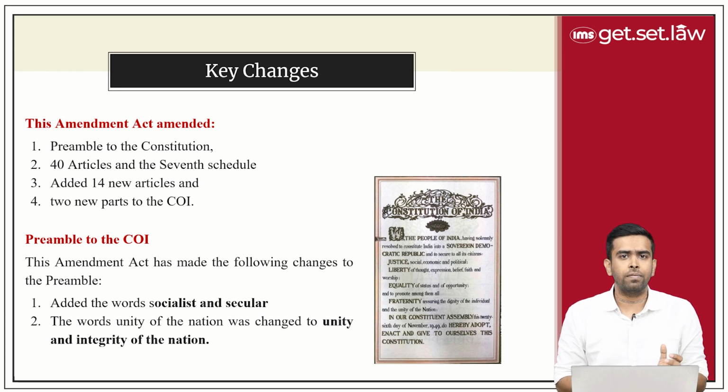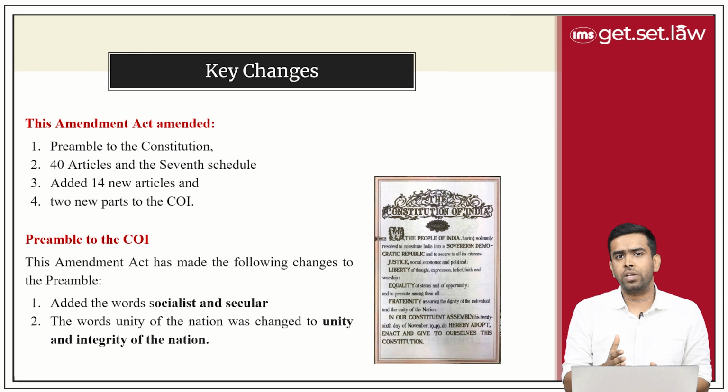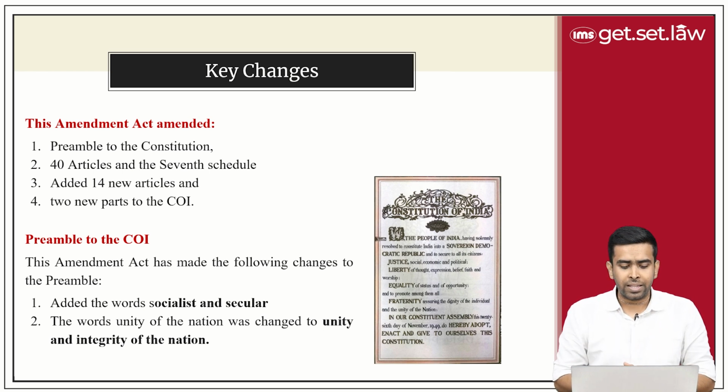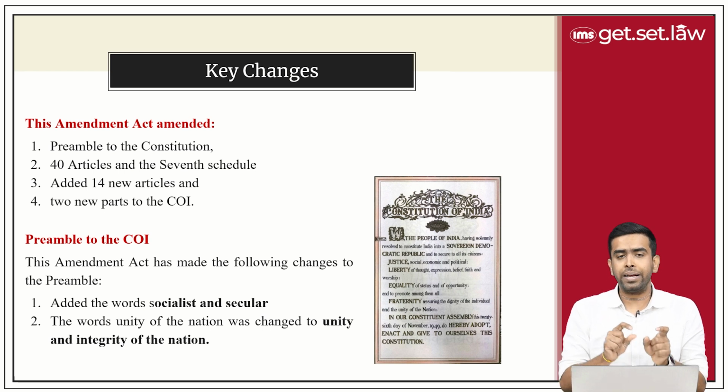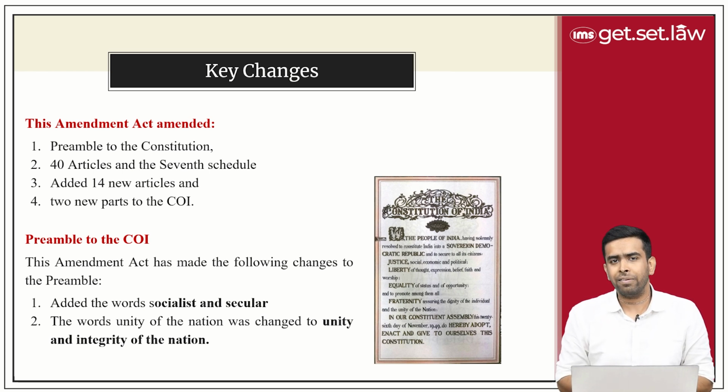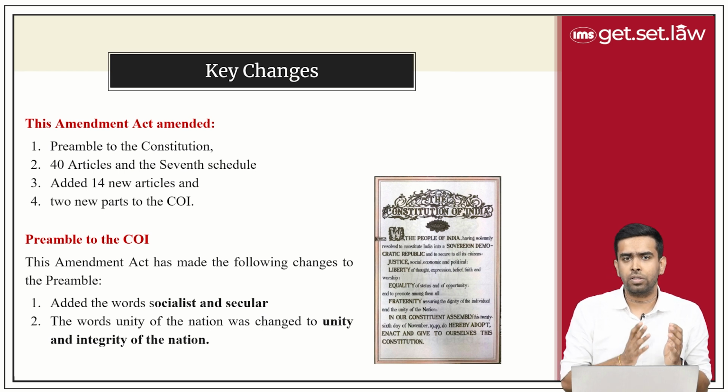These were the only 3 words in the preamble, and later on it turned out to be sovereign, socialist, secular, democratic and republic. These words play a lot of role in our daily functioning. Thereafter, a minor change was also done where unity and integrity of the nation was added, whereas earlier it was just the unity.